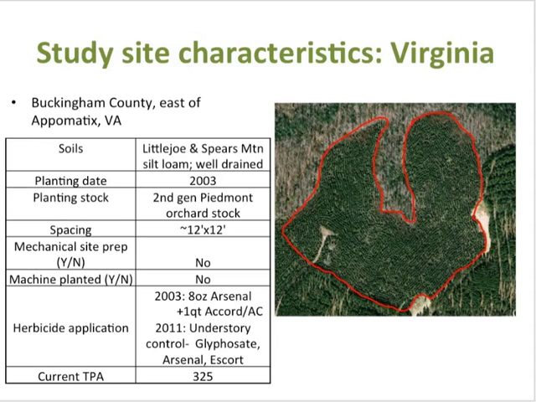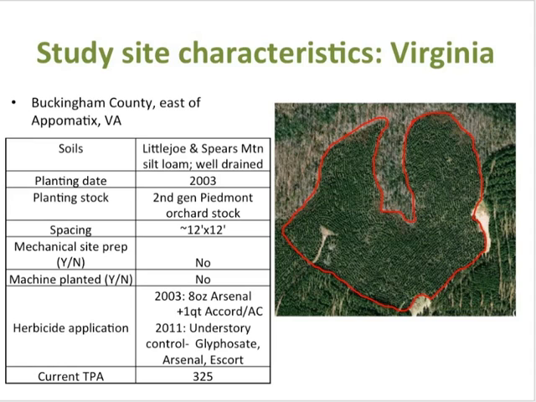It was planted with second-generation Piedmont orchard stock, at 12-foot by 12-foot spacing. It did not receive a bedding treatment, but it was probably raked or plowed. It was not machine planted, similar to the Virginia site. Shortly after planting in January, it received an aerial release with 8 ounces of Arsenal and 1 quart of Accord per acre.